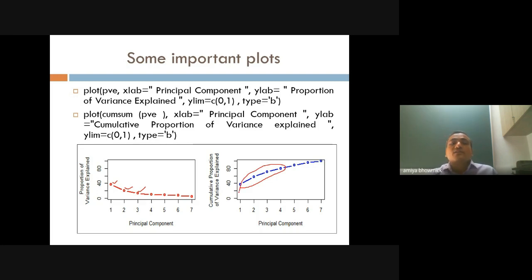Depending on the system that you are investigating, the domain experts may tell you whether to consider 3 or whether to consider 4.